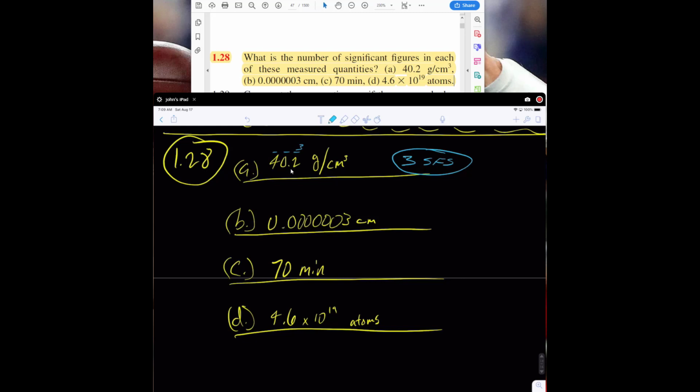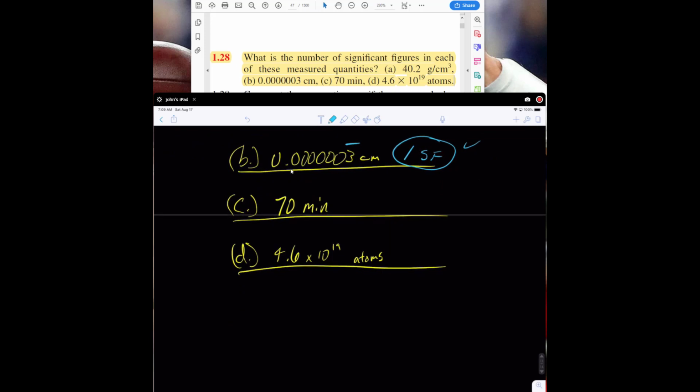Okay, that's correct, as far as the book's solution goes. And B, we have 0.0000003 centimeters. So there's 6 zeros in front of the 3, and that means that there's only 1 sig fig. Okay, and that's correct.